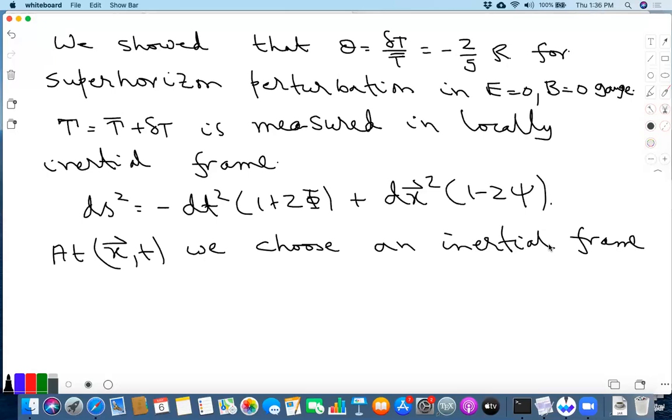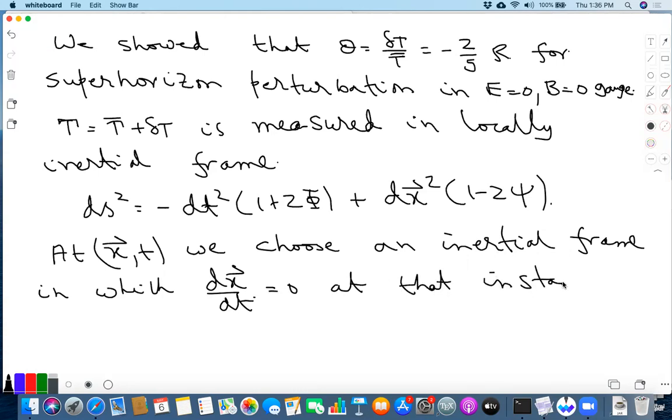But the inertial frame is not unique, because it is unique only up to Lorentz transformation. So you have to say which inertial frame we are choosing. We choose an inertial frame in which dx/dt is 0 at that instant. This is the frame in which you are measuring the temperature.